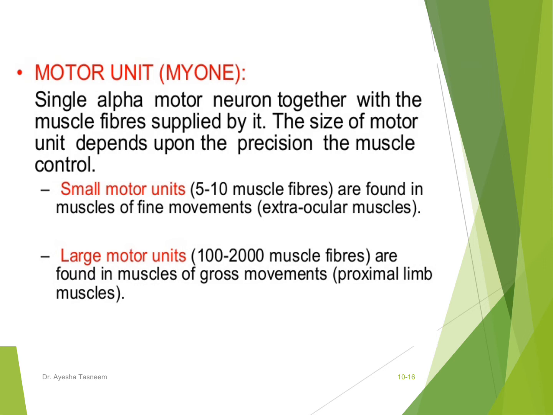Small motor units are present where fine movements are required. Large motor units are found where gross or crude movements are required, like proximal limb movement. Small motor units are present in the extraocular muscles because you have to have precise movement there.